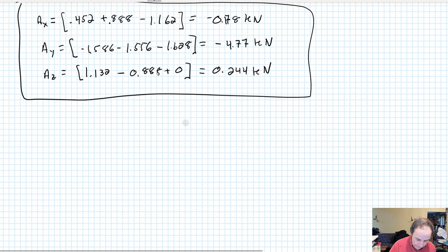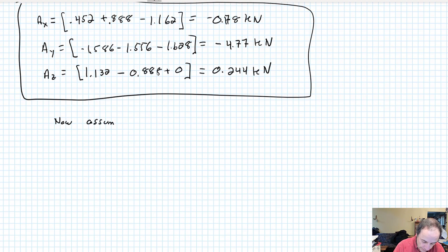Now, we're going to take that same problem, and now assume the tower is bolted down to a concrete platform.